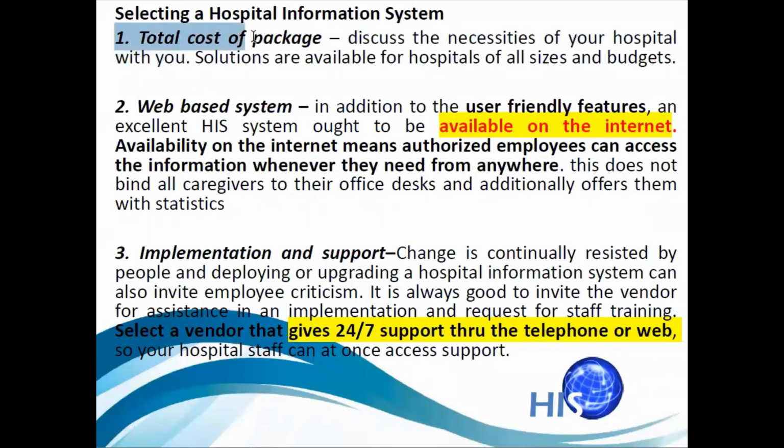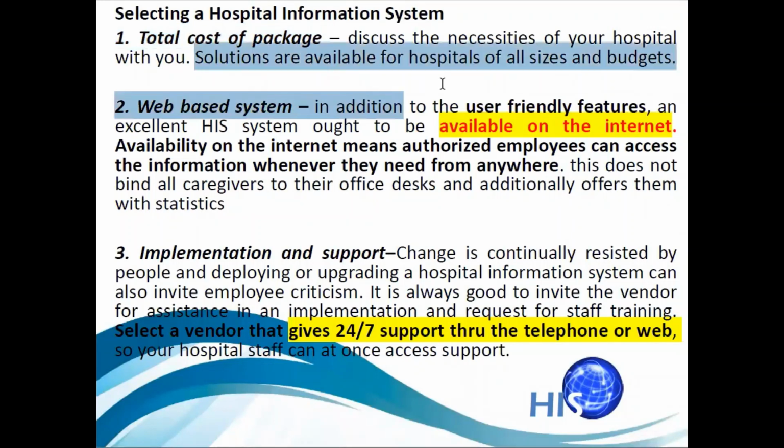Number one po is the total cost of package. Okay? So total cost of package po, kailangan madidiscuss mo yung necessity ng iyong hospital. Okay? So baka mamaya ang bibilhin mo pala is hindi pasok doon sa budget mo. So kailangan po madiscuss mo yan sa pagbibilhan mo ng HIS, okay?